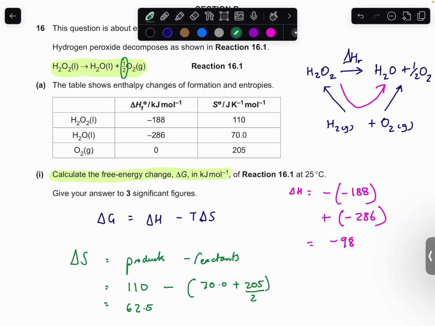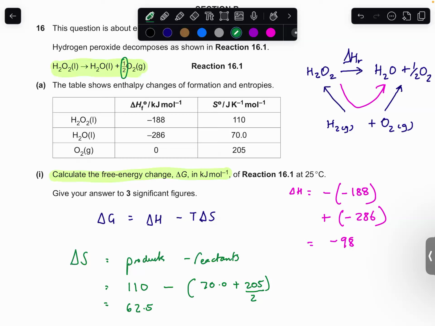I made a bit of a mistake, got these the wrong way around. It appears that it's reactants minus products. Have I got this the wrong way around? Let me just double check something, ladies and gentlemen. Bear with me.